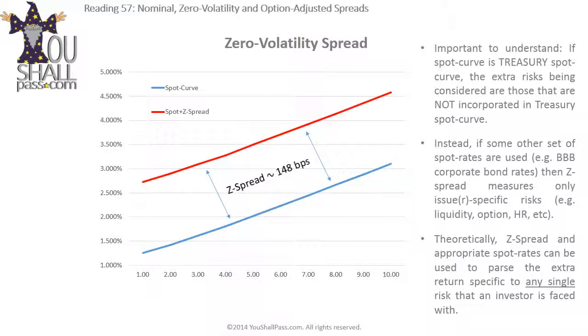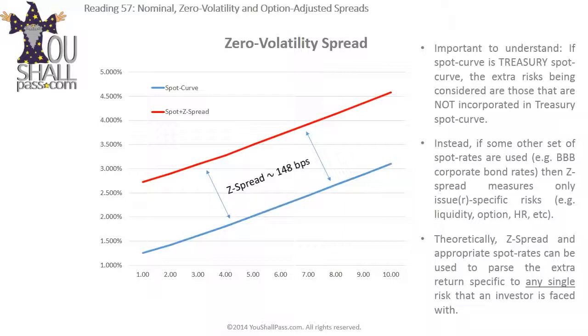So you can see that in this way, with the appropriate set of spot curves and the Z-spread technique, the analyst can parse all the additional risk and work out the yield being offered in exchange for each. For example, if liquidity for a particular bond is an issue, a reliable spot curve composed of some low liquidity bond index of comparable credit quality can be used to parse out the return related to the liquidity risk.